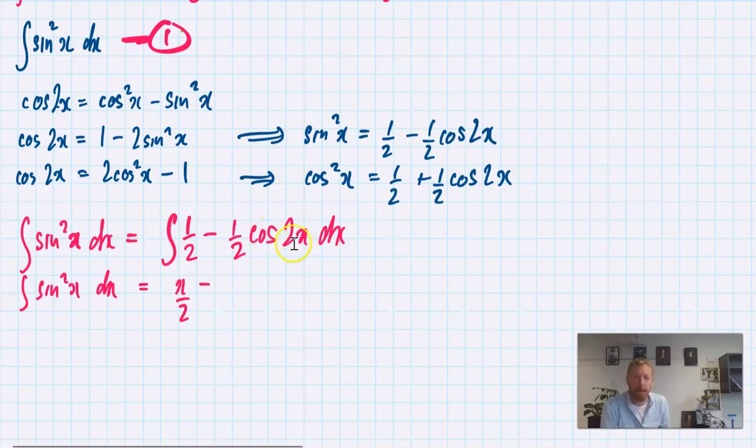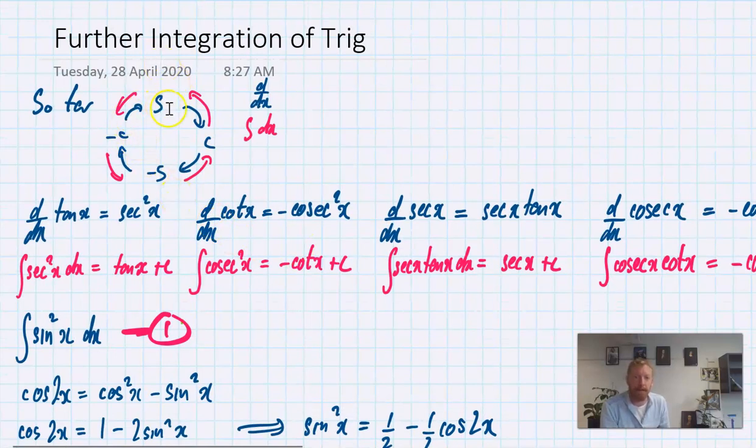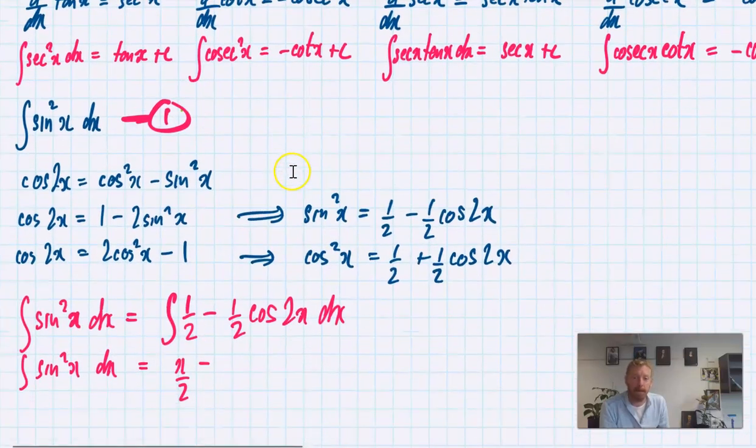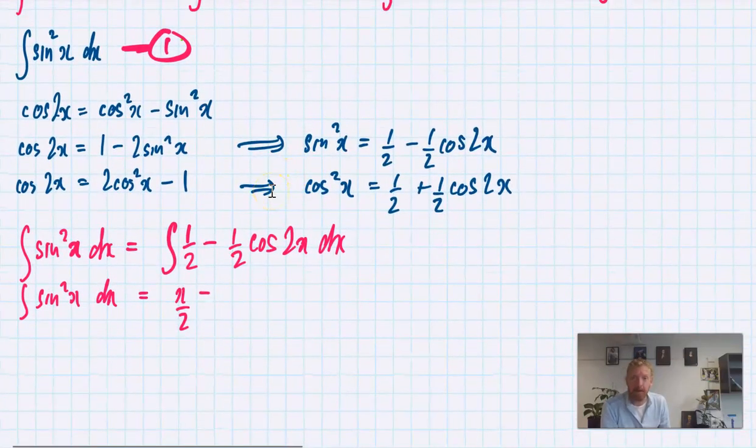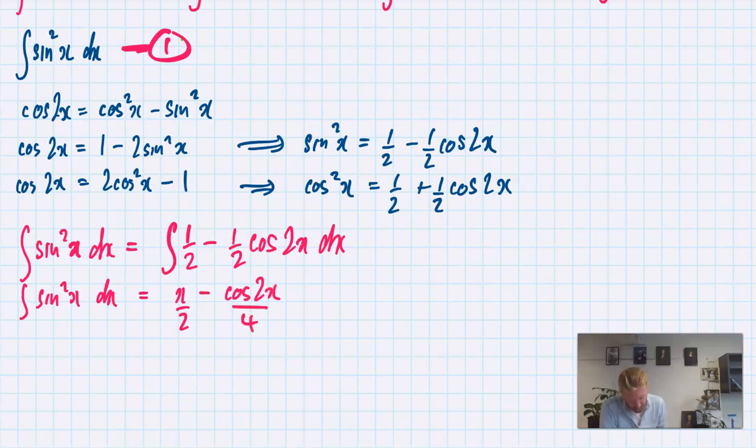Minus cos, what did we say? Minus cos goes to minus sine, sorry. So minus cos goes to minus sine, so that's just a minus. Okay, minus, but the 2 comes out as a half, so I get a quarter. So let's just write it as sine 2x on 4 plus c. I'm done. This cos should be a sine. So sorry about that.